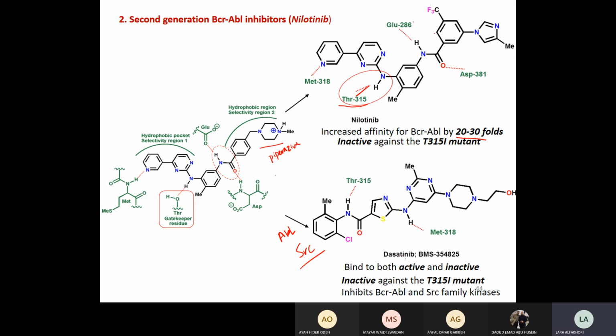Okay, identify where the ring is that binds to the adenine binding pocket. What about this one? Yeah, it is. There's a nitrogen that is part of an aromatic system.